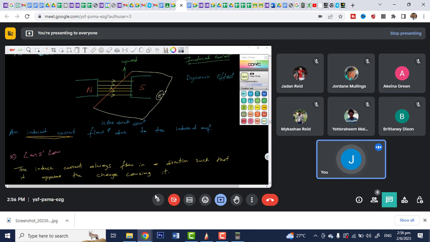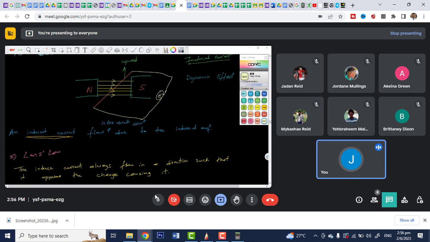In this example, if we're moving the conductor upward, we are producing a change. That change will induce the current, but the current will then try to oppose that change. So as we move the conductor upward, the current will flow to oppose us moving the conductor upward. Okay? So that's what Lenz's law says.